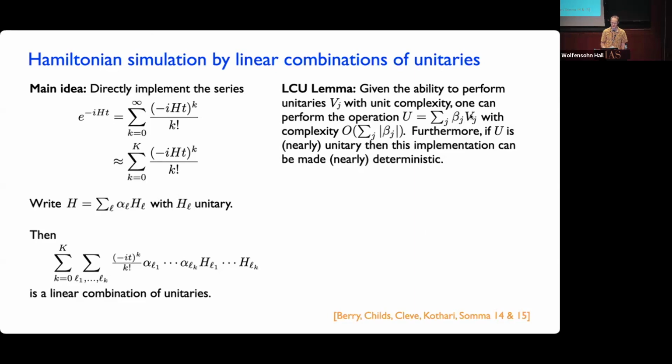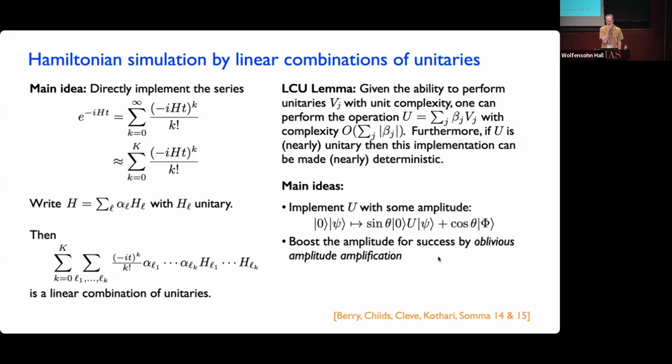Here, these V_j's are unitaries that are easy to do. The U is this unitary operation you would like to apply, and then there are all these coefficients. You can implement this U with a cost which scales like the one norm of this vector of coefficients, in a nearly deterministic way, as long as this U is close to unitary, which it is in this case because we're truncating this Taylor series of a unitary operator.